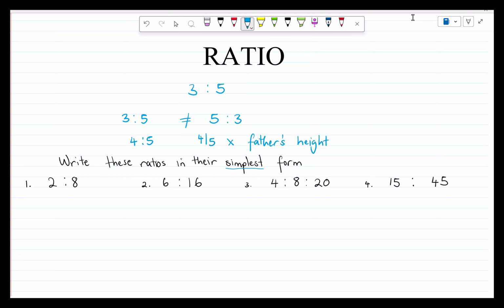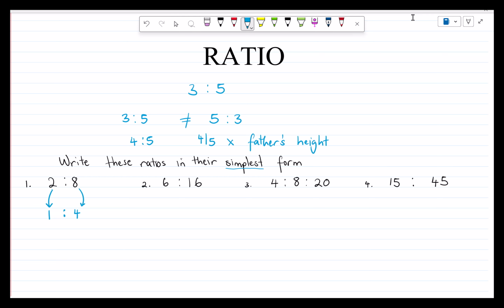To simplify this, we take the highest common factor of 2 and 8, which is 2. Hence, we divide both the 2 and the 8 by 2. If we divide 2 by 2, we get 1. If we divide 8 by 2, we get 4. Hence, our answer is 1:4.